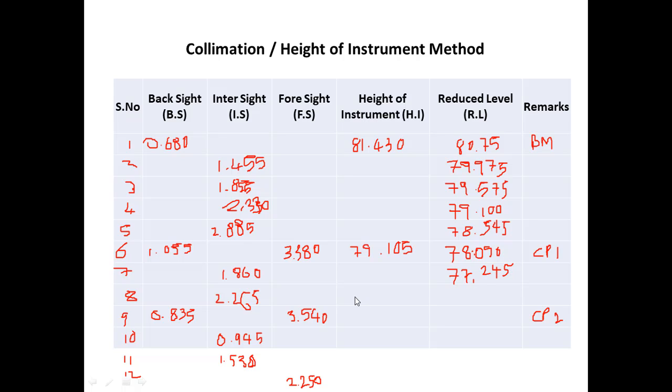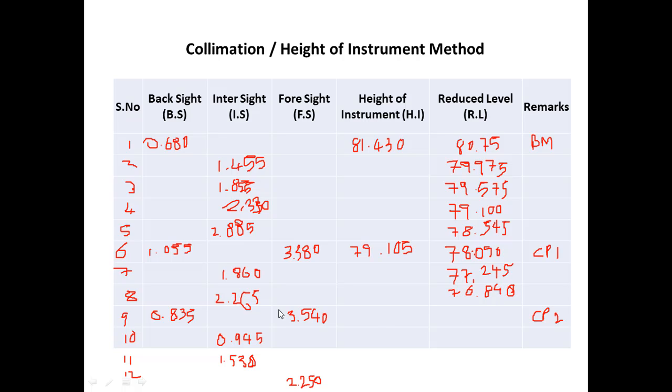Next, 79.105 minus 2.265 gives the answer of 76.840.